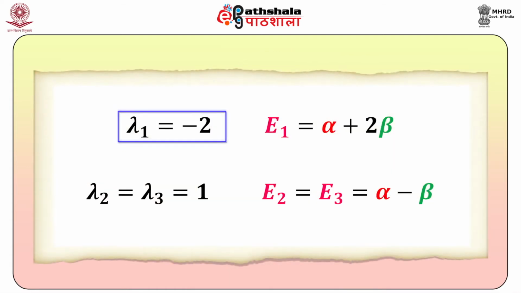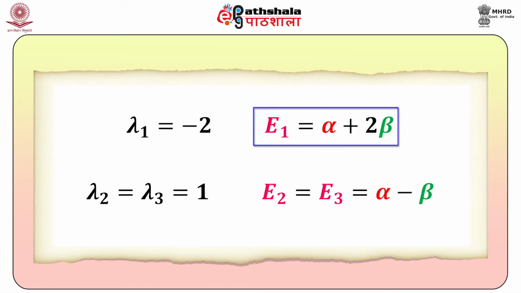Now for these 3 values of lambda, we can get the corresponding energies of the 3 molecular orbitals. For lambda 1 equal to minus 2, the corresponding energy is E1 equals alpha plus 2 beta.